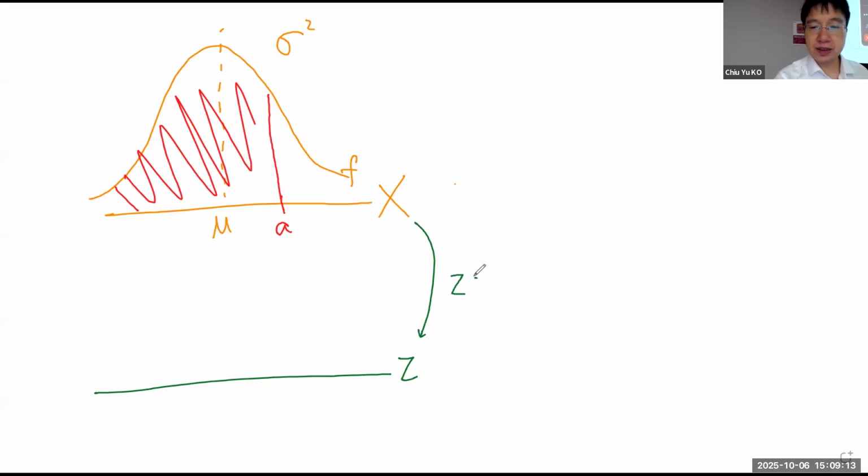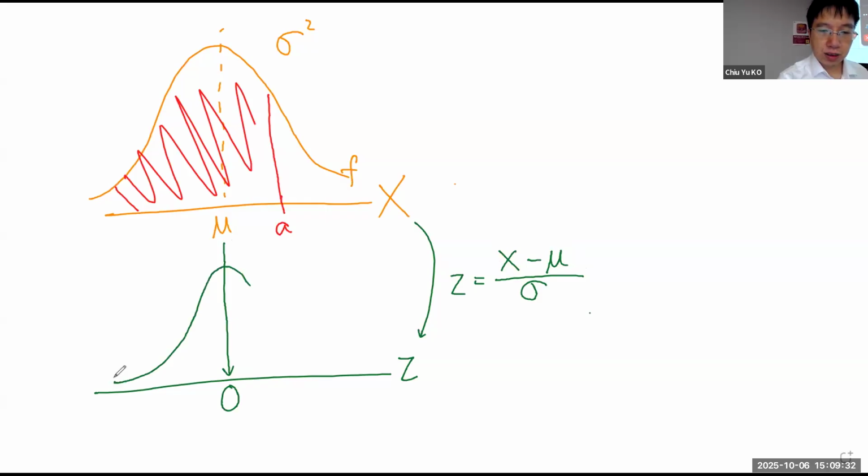How do you convert to this here? You basically subtract the mean mu over the standard deviation. Why? Because this will correspond to 0 here, and this is a variance of 1. And why is it important?